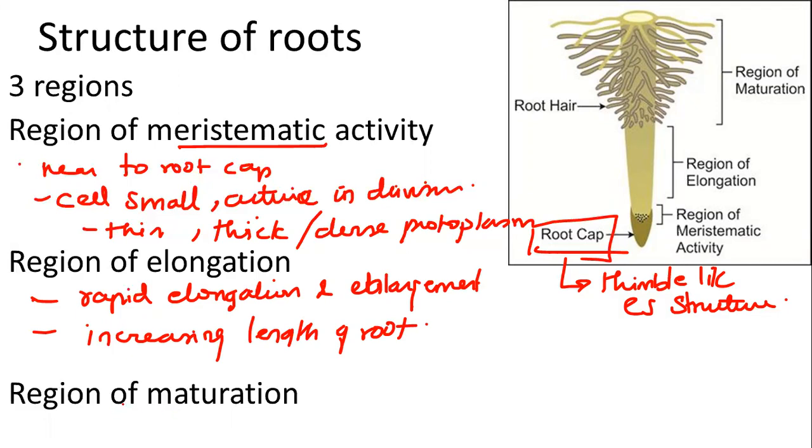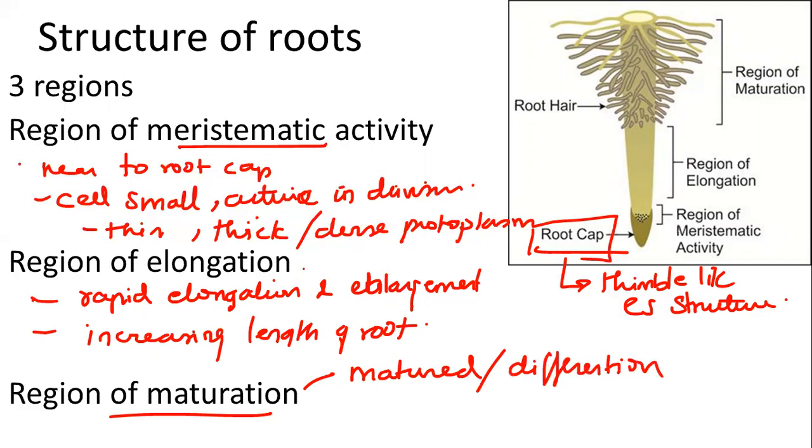The last part is the region of maturation. Here the elongated roots will now mature and differentiate. So first, in meristematic activity the plant starts growing, in the region of elongation the length of the root is increased, and in the region of maturation the increased length matures or differentiates.